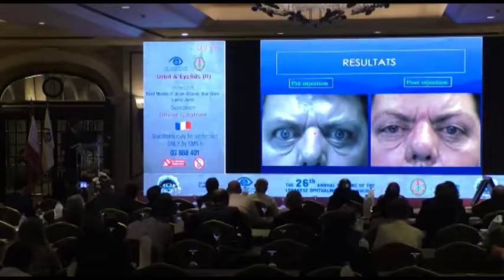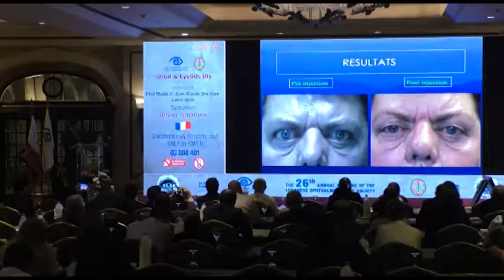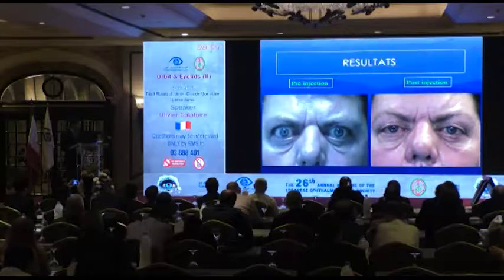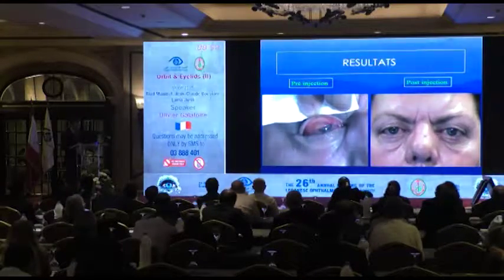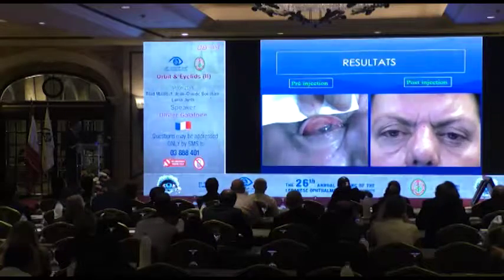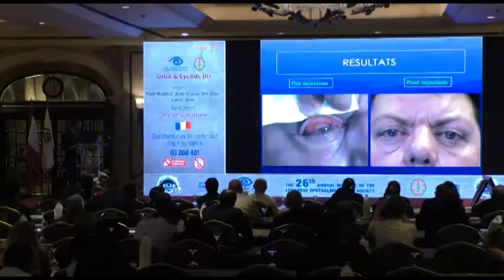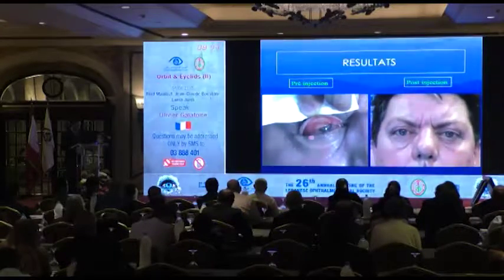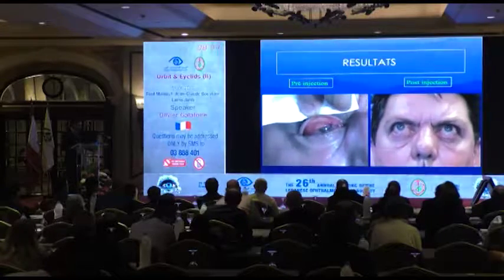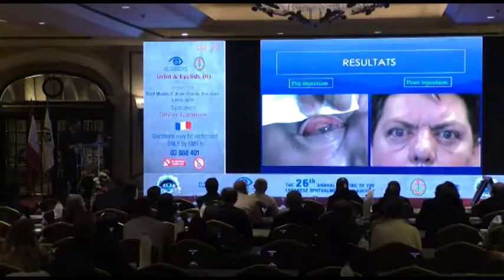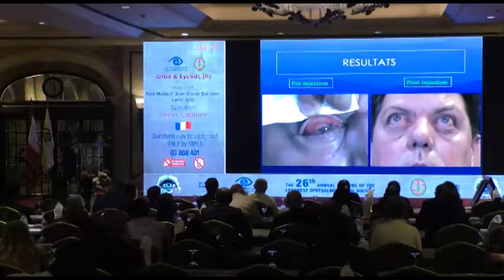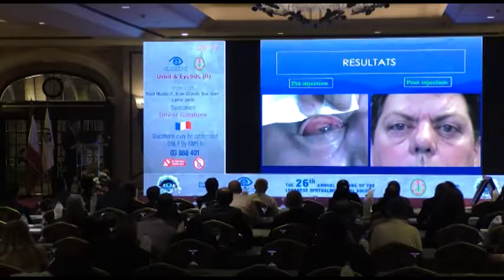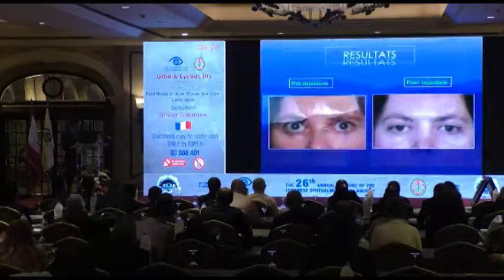if we can play the video, at the beginning of Graves' disease, good retraction, as you can see, with a spasmodic component, and just after injection, you can see a very good aspect with improvement of the cosmetic aspect and the functional too, avoiding corneal complication due to the retraction.